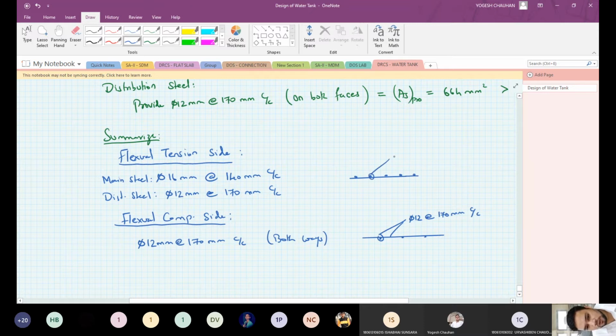This is on the tension face and this is on the compression face.